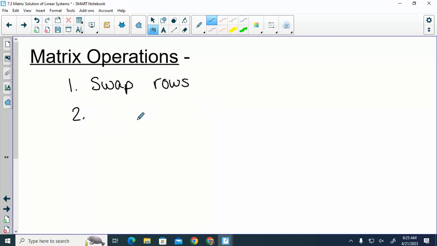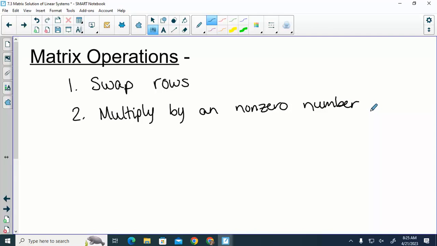Second legal thing is you can multiply by any non-zero number. Okay, when we do elimination, we can't just multiply the whole equation by 0, but you can multiply by anything else you choose. Positives, negatives, fractions, decimals, whatever, it's legal to multiply a row.